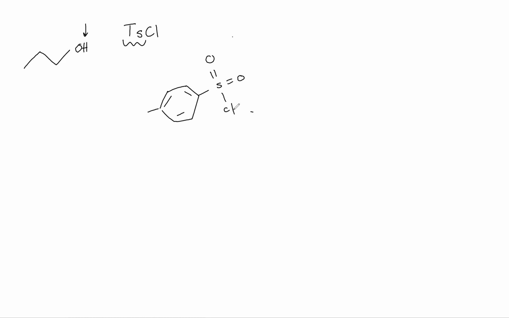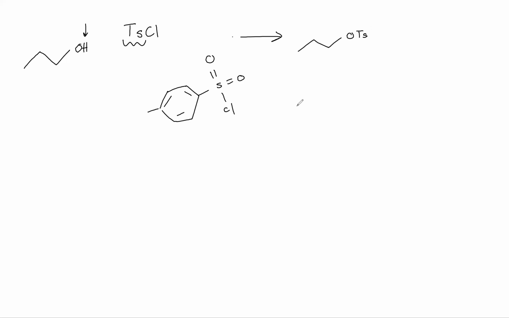Okay. And so we can also see here that it looks a lot, oops, sorry, I meant to erase that, not scribble over it. We can see that it looks a lot like when we did SOCl2. The only difference is that we have this phenyl group right here along with this oxygen right here. But essentially what's going to happen is we are going to end up with OTs instead of OH.